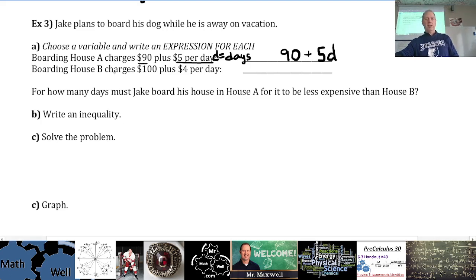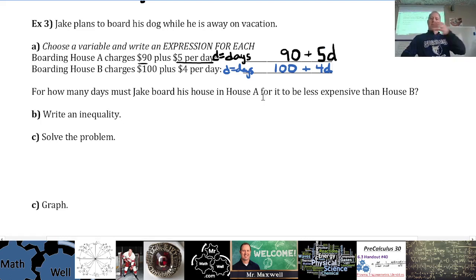Okay. What about this one? Boarding house B charges $100 plus $4 per day. Well, if we had D equals days again, then we'll put $100 for the flat fee, and then we'll add $4 per day. Now again, that's an expression for each. We have no inequality yet.